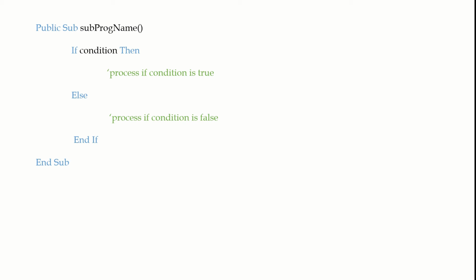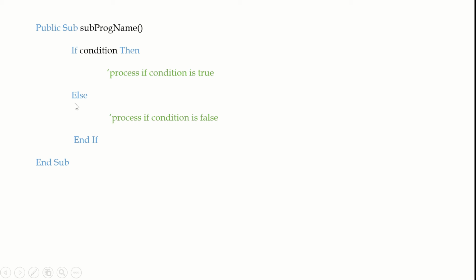For example, you might be comparing one value against another, whether it's greater than or equal to. If that condition is found to be true, then this block of code is going to execute. And if that statement is not true and the opposite is true, then this block of code is going to execute.